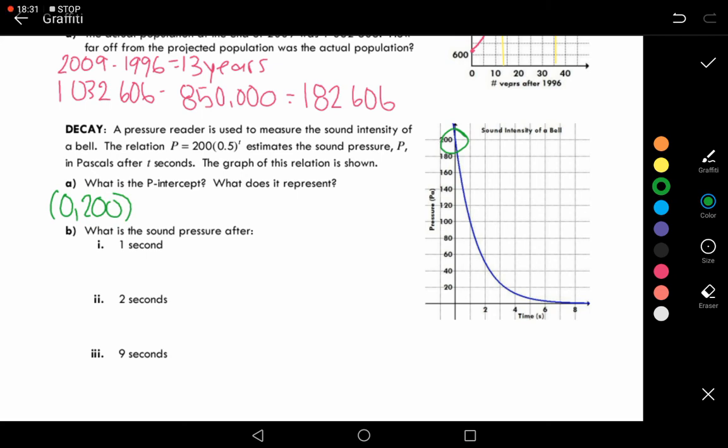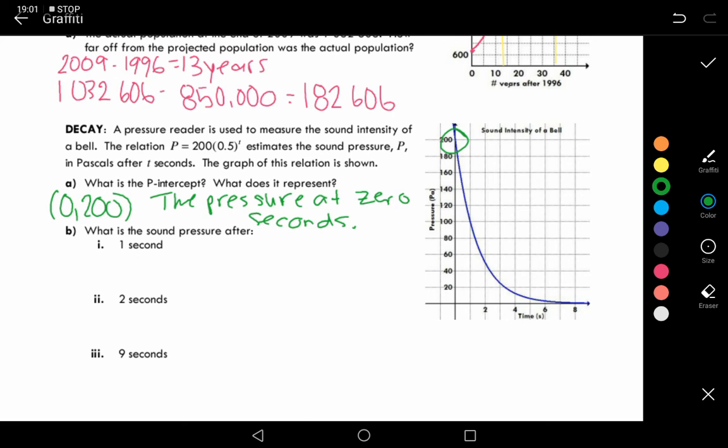In this context, what that is representing is the pressure at 0 seconds. All right, so at 0 seconds, our pressure of this bell is going to be at 200.